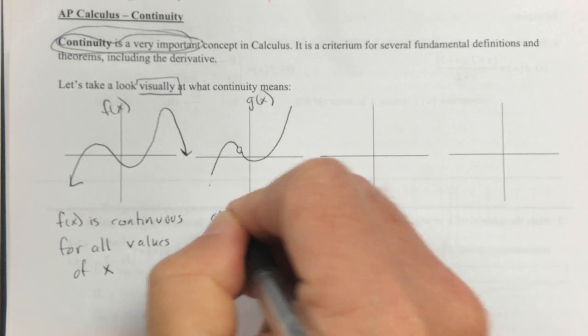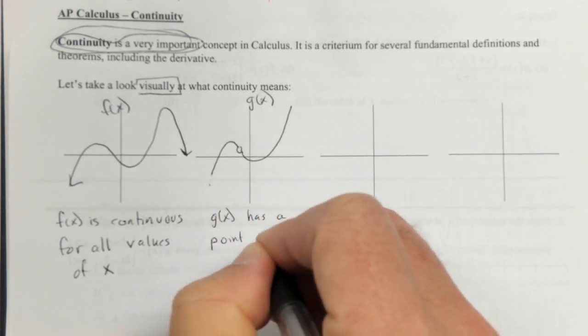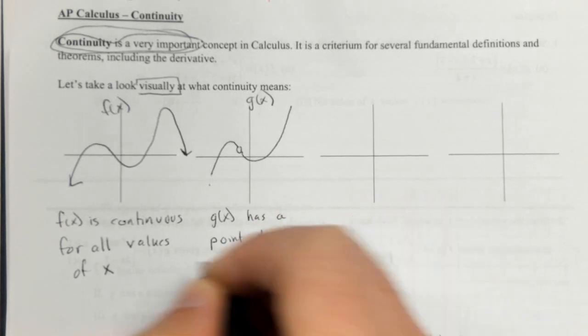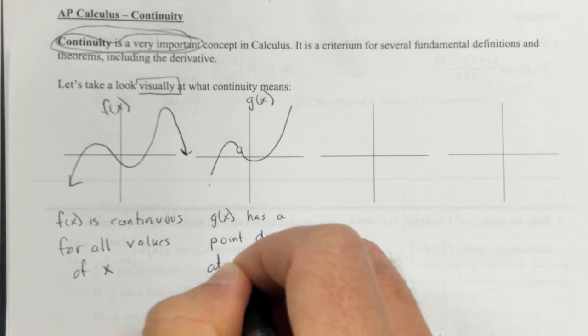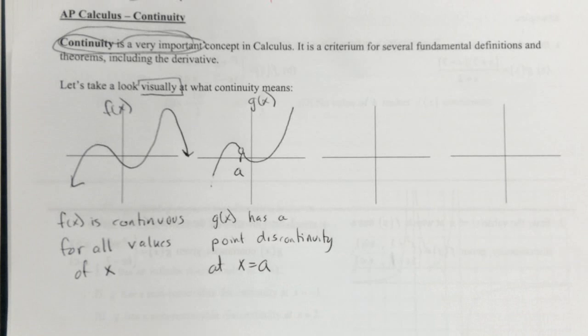So we would say g of x has a point discontinuity at x equals, and we can just label that spot a. At x equals a, there's a point discontinuity.